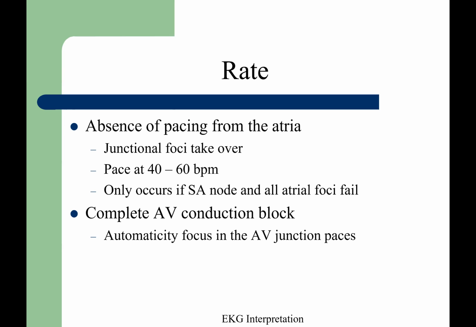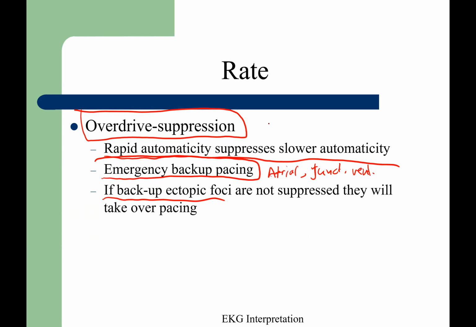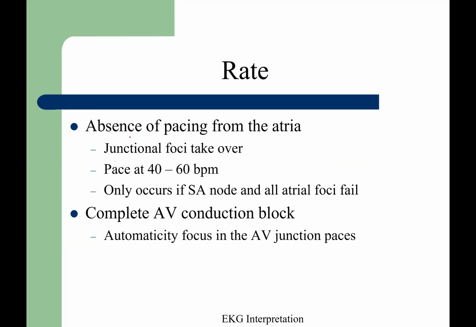All right. So with absence of pacing from the sinus node, an atrial cell will pace between 60 to 80 beats per minute. In the absence of pacing from the atrium, which includes the sinus node and atrial cells, a junctional focus or cell will take over pacing and paces between 40 to 60.